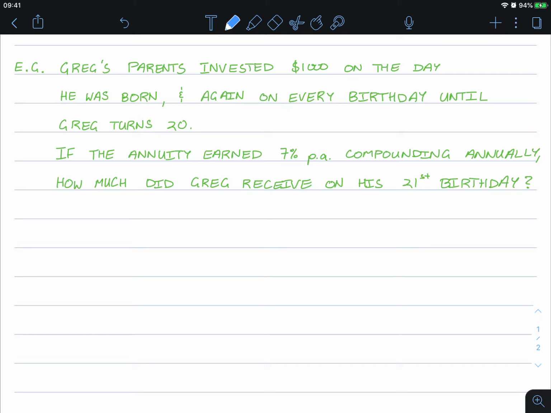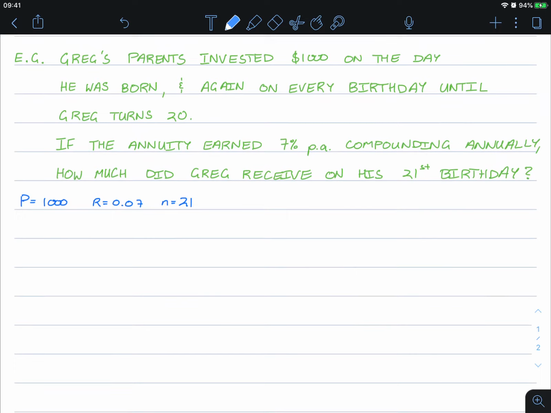So let's first consider this as a compound interest formula for the original $1,000. So our principal would be 1,000. Our rate is 0.07. And the length of the first investment, well, if it's from when he was born until his 21st birthday, that is n equals 21.